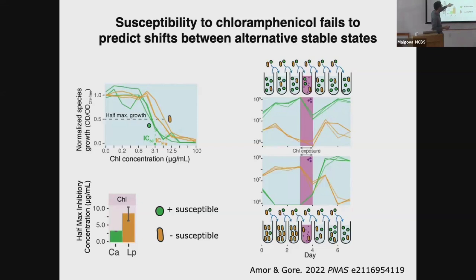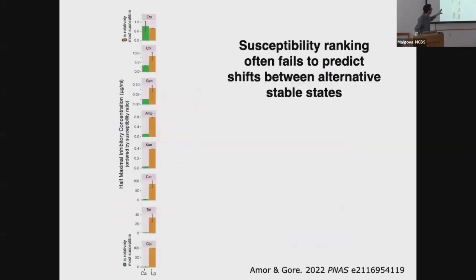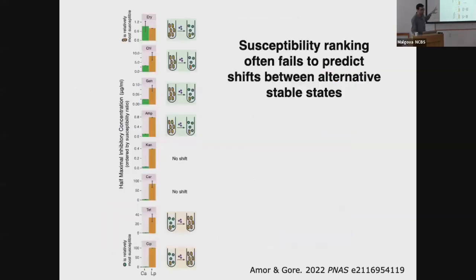We will take concentrations that will not kill at least one of the species, but this is not very important because it was not a result that happened only for chloramphenicol, but for different antibiotics.